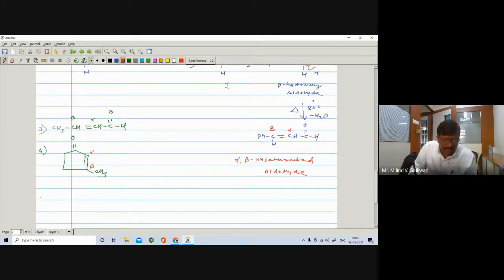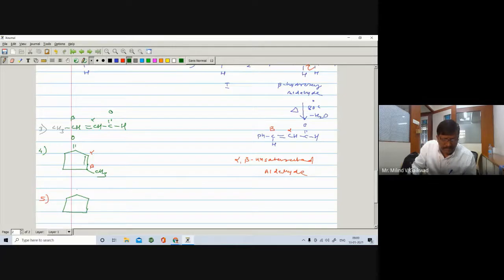Number 5 example. You have to solve these 3, 4, 5, and if you are not getting them, you can ask me. We will try to solve that one. Now the next example under this category: here we have taken again a 5-membered ring compound as above.